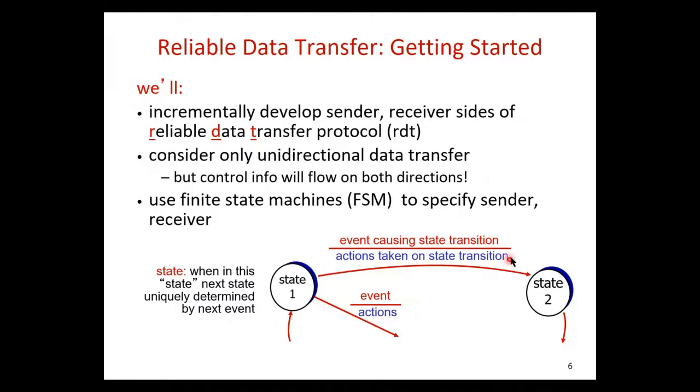Attached to each transition, we can have the event that causes the transition, which we put at the top. And at the bottom, we have the possible actions that are taken when we do the transition. So event and actions, that's what we're going to use in the description of reliable data transfer.